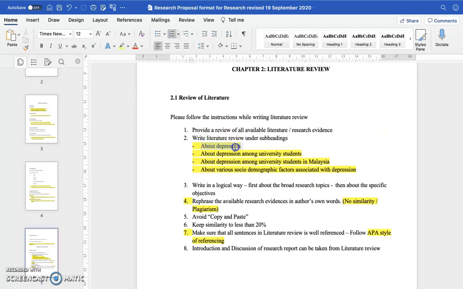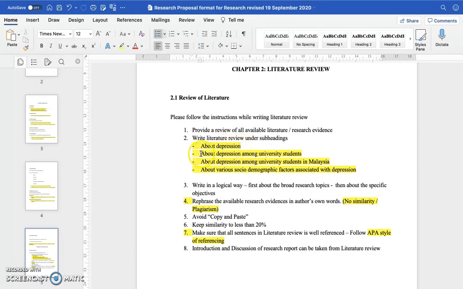You have to write the definition of depression. What are the clinical features, clinical manifestations of depression? What is the diagnostic criteria of depression? All these things you can write in the first paragraph about depression.